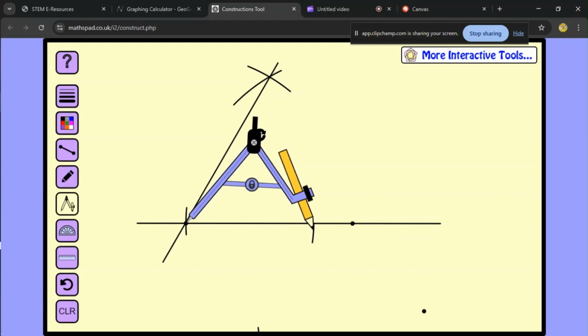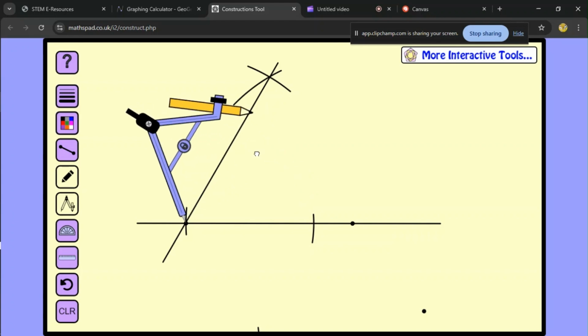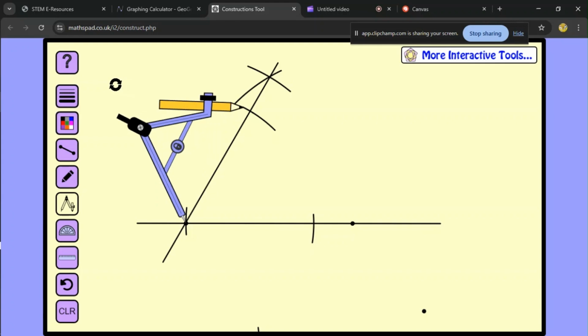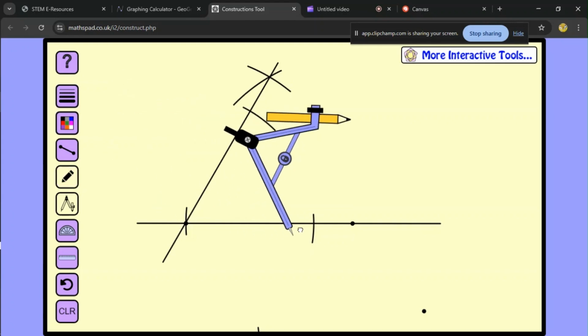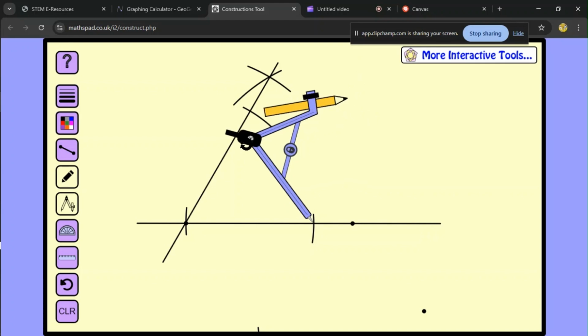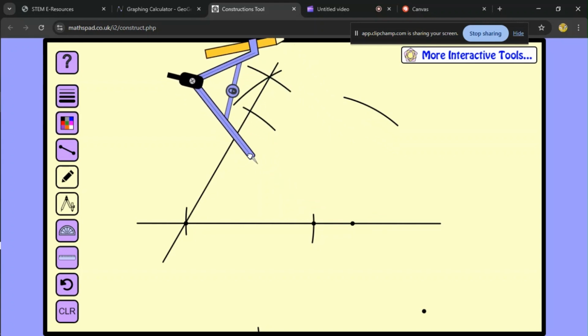I put a mark here, a mark there, and also a mark on the other side. So I put a mark on this side. Then I take my compass there, I put an arc here, I put an arc there, and I take on this side without adjusting your compass.